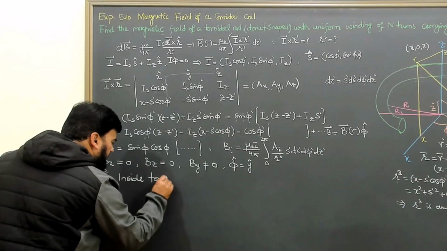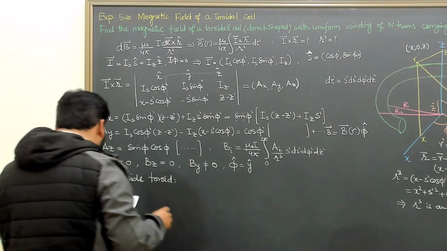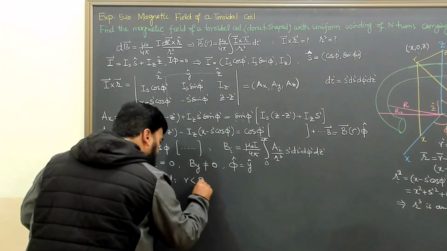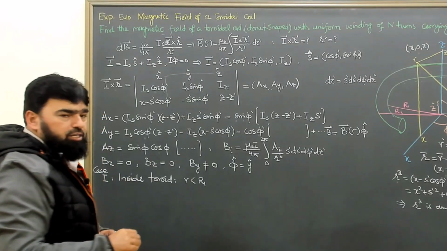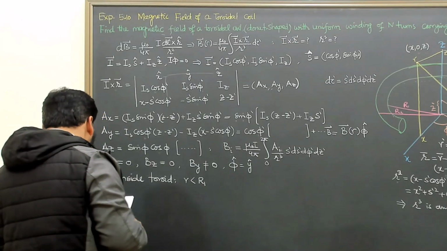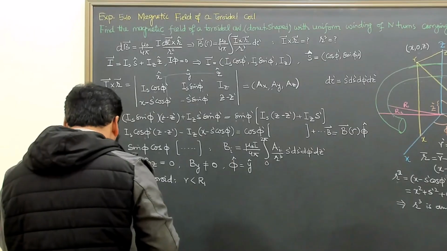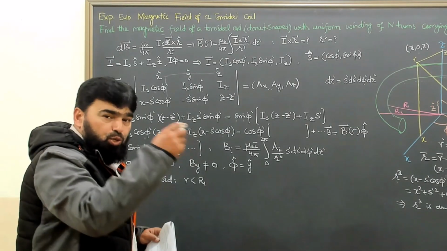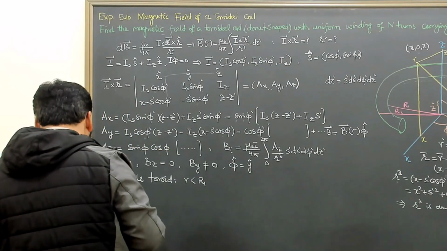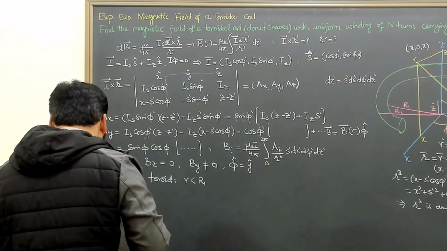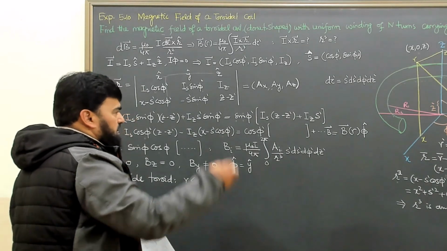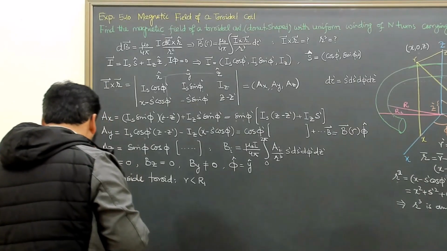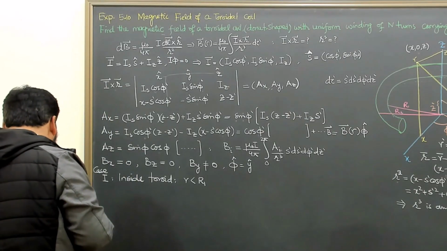What will be the condition for this? R will be less than R1, the internal radius. For this one, we will make a circular Amperian loop of radius R which will be less than R1, and the field, we know that it is circumferential here. The length element will be R dφ.